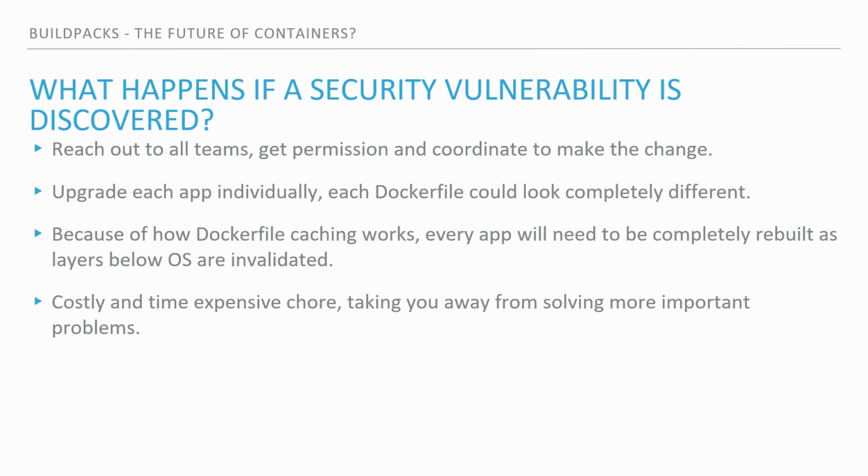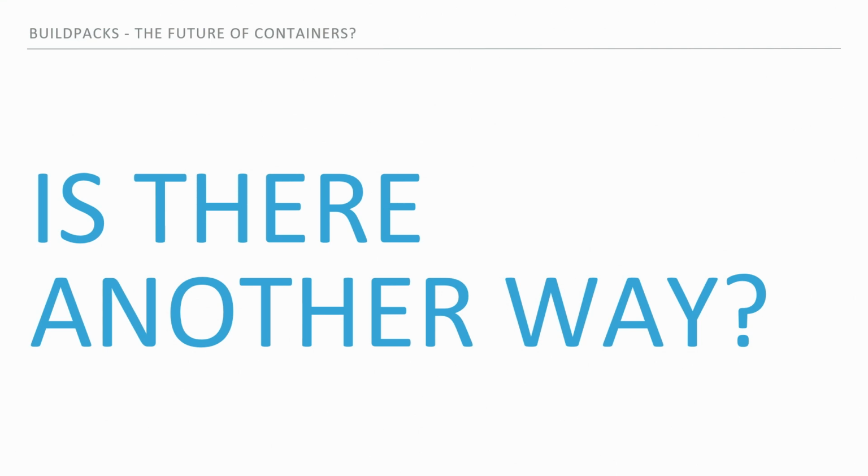And because of the way Docker caching works, once you make a high-level change such as changing the operating system that your container is using, it's going to have to rebuild the entire image. This could be quite a lengthy process, and it's really more of a chore, whereas you could be doing more important things for your business.